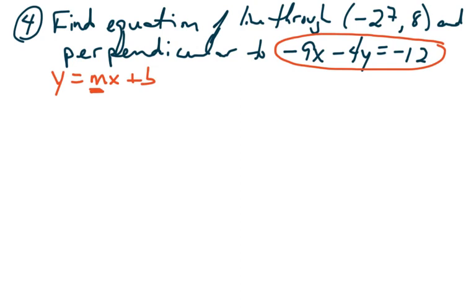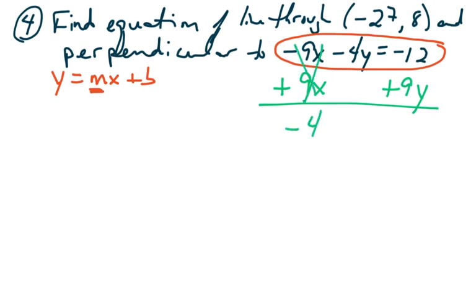The first step in doing that is to get the term with the variable by itself. So I'm going to add the 9x to the other side to get the y term by itself. Negative 9x plus 9x goes away. Negative 4y is equal to.